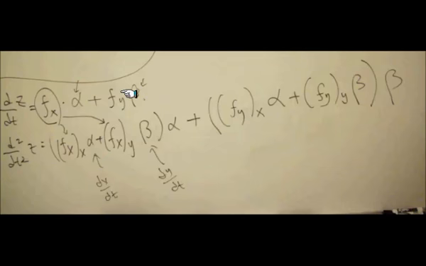But this fx and fy still have x and y in them, and they're composed with respect to t, so that's going to be the main part we have to be careful about. So we're applying this, alpha and beta are constants, so we're not touching that part. We're not doing any product rule or anything. It's just a constant. So we have to differentiate this fx and fy with respect to t.